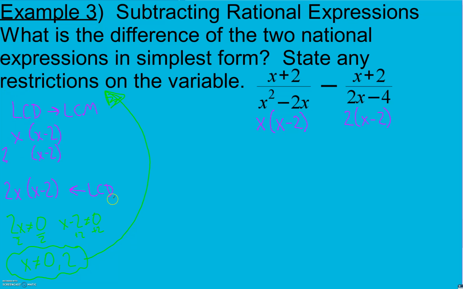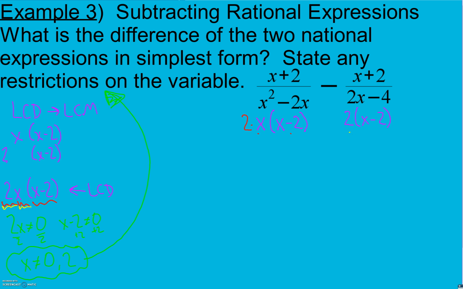Now that I have my least common denominator, I'm going to try and get both of these to be the same. So right now, I look at my least common denominator. In my first one, do I have the 2? No, I need it. Do I have the x? Yep. Do I have the x minus 2? Yep. In my second one, do I have the 2? Yep.